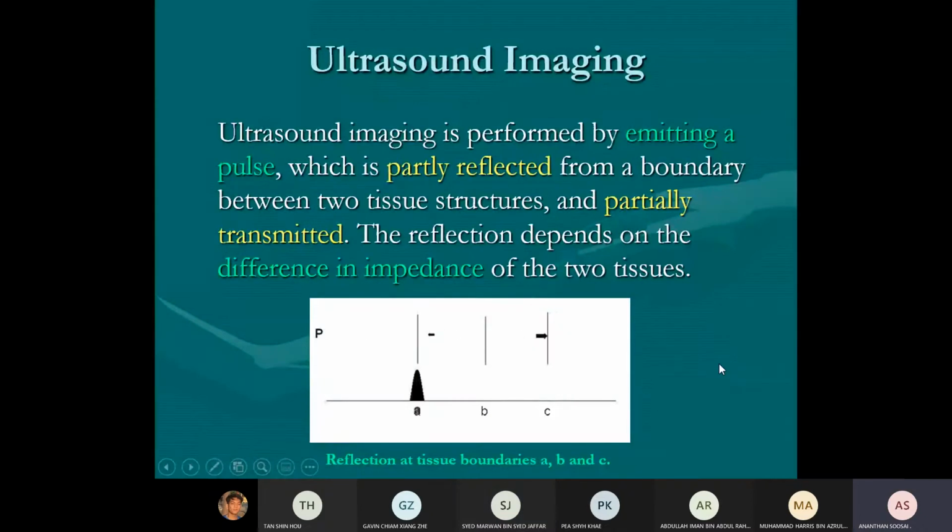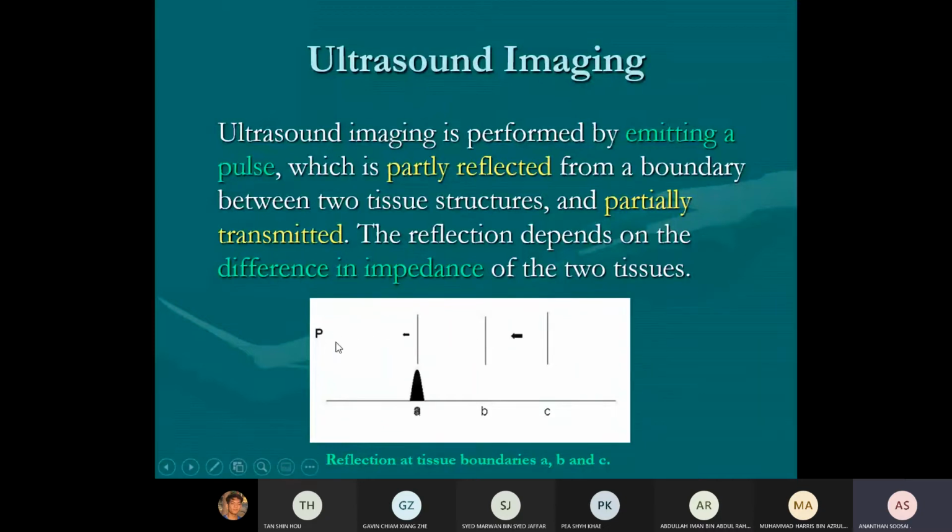Okay, thanks. As I said, partially reflected, partially transmitted, all depend on one property of the substance called impedance. Different tissue has a different impedance. That's what we're going to do later.